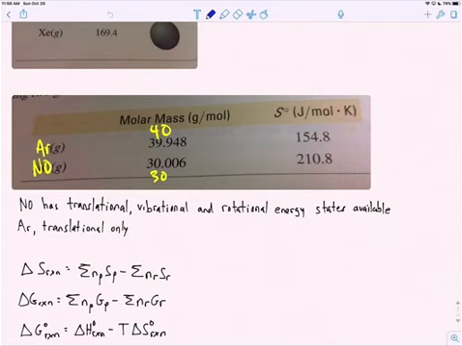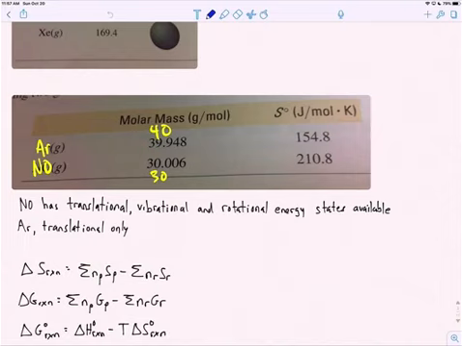So what do I mean? Imagine that we have an argon investor and a nitrogen monoxide investor. And you give argon $1,000. Argon can only keep money in cash bills. Nitrogen monoxide, though, can keep money in cash, in a stock account, and in a savings account. So it has 3 places it can stick its money.